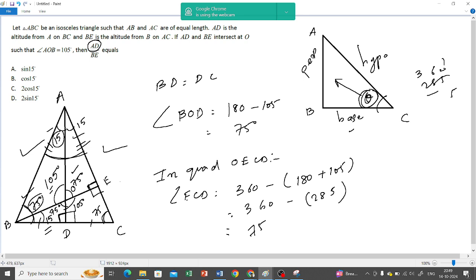Once you find out all the angles, you just need to choose two triangles and use certain trigonometrical ratios so that you can get expressions having AD and BE in it.